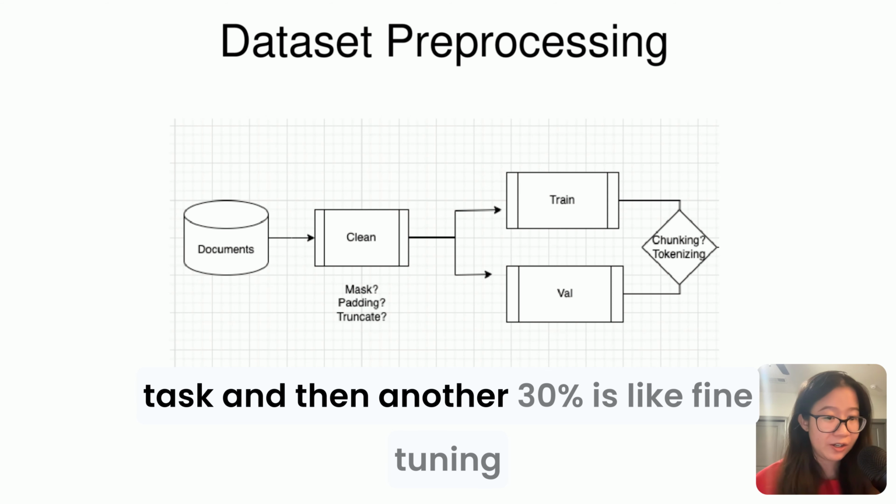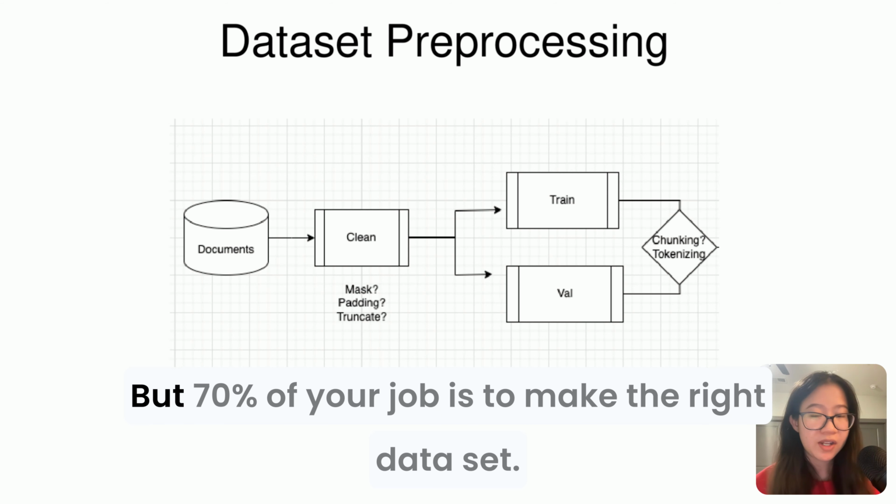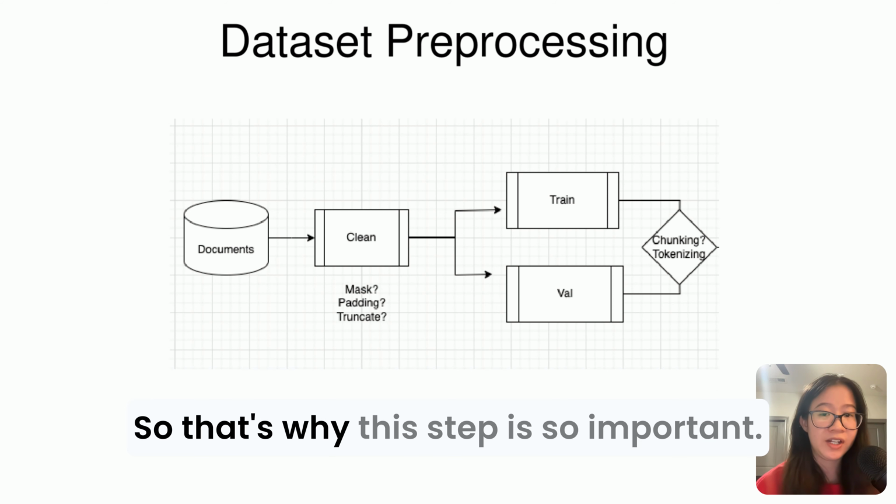And another 30% is fine tuning and trying to find the right parameters, but 70% of your job is to make the right dataset. As we always hear, garbage in, garbage out. So that's why this step is so important.